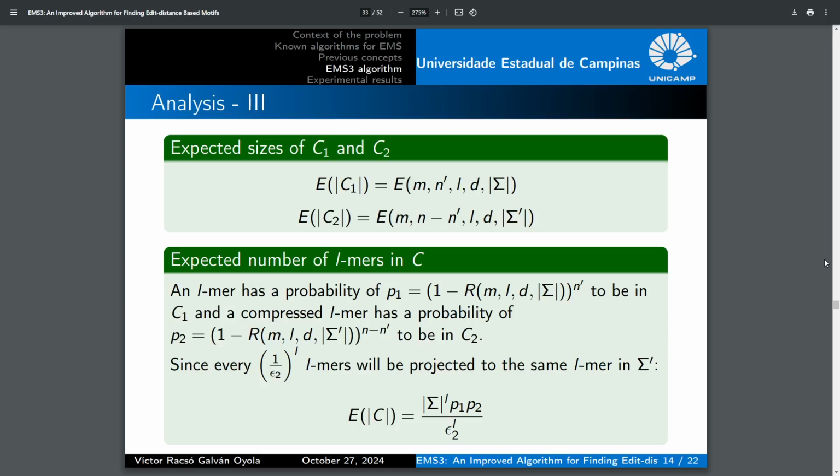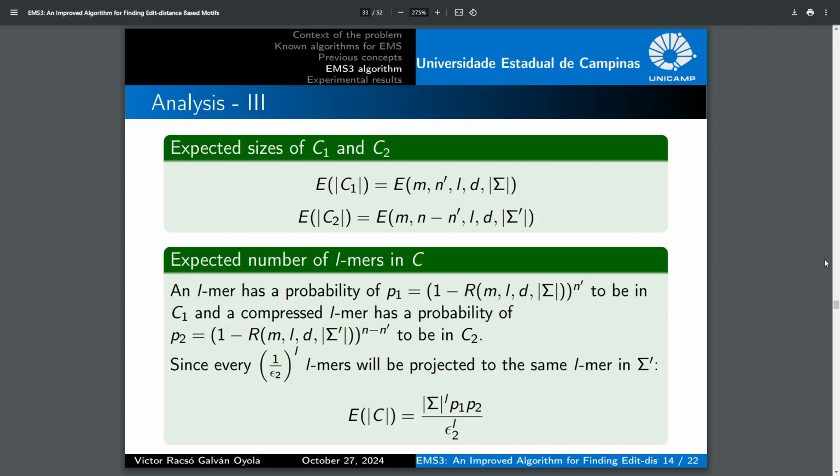We require an Elmer to be in C1 and its compressed version in C2. So we must analyze the probability of an Elmer being in C1, which is P1, and being in C2, which is P2.